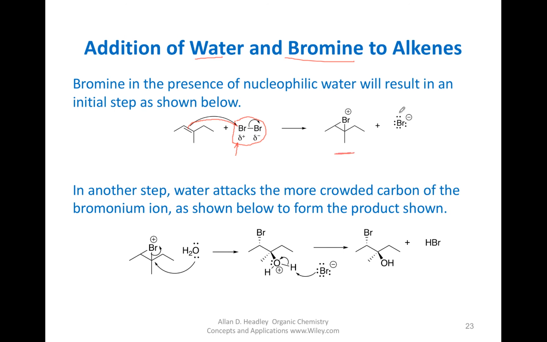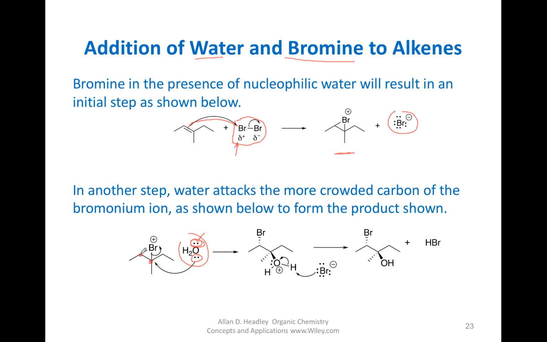Here we have a competition between the nucleophile bromide anion and water. Notice water has unshared pairs of electrons, in fact two, so it's nucleophilic, a Lewis base. This Lewis base can react at this carbon or at this carbon.